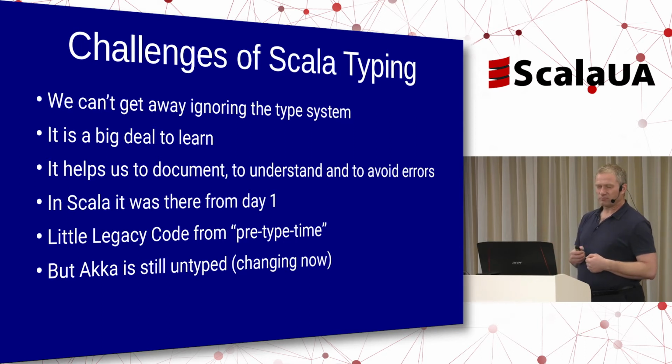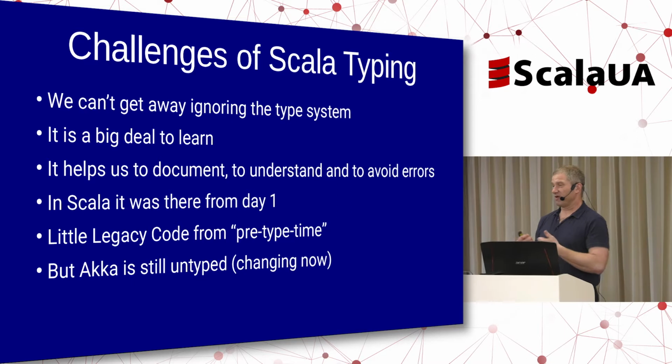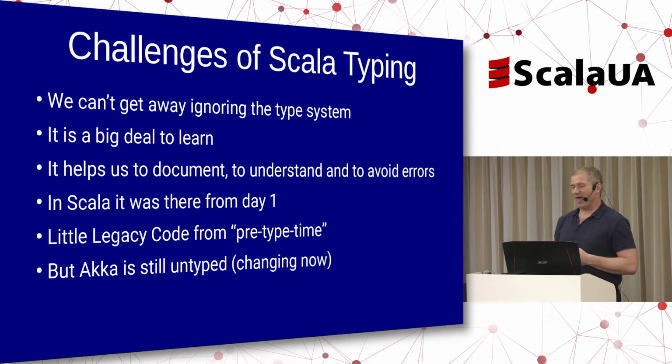Yeah. So that's that. And sometimes we have a little bit of a problem when we integrate Java libraries or whatever, that we kind of have to build these bridges. But most of the time we can just use this, and we should really be accurate with the type system.